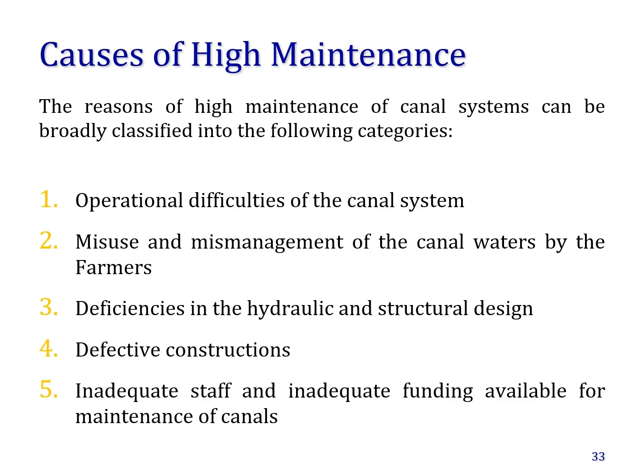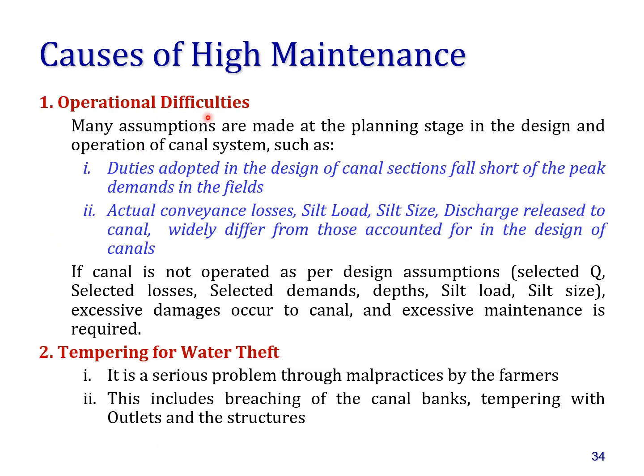Okay, so causes of high maintenance. Let's go to the first one, operational difficulties. What happens is that, for example, in your design you have assumed a smaller value for the duty of the canal, and at peak demand the canal is short of discharge.